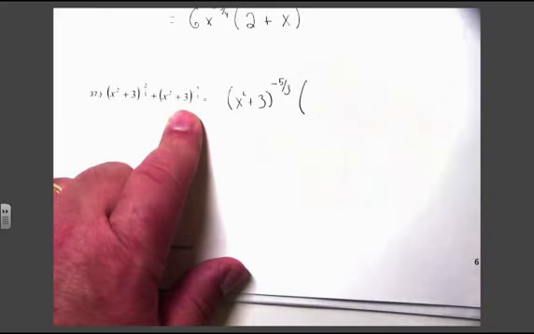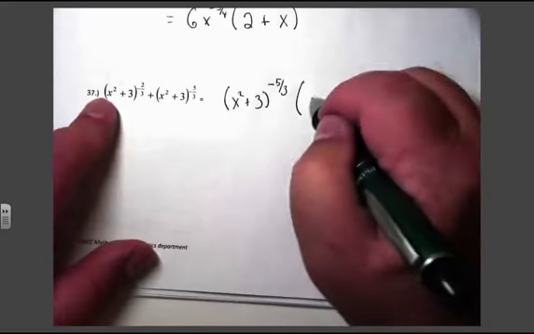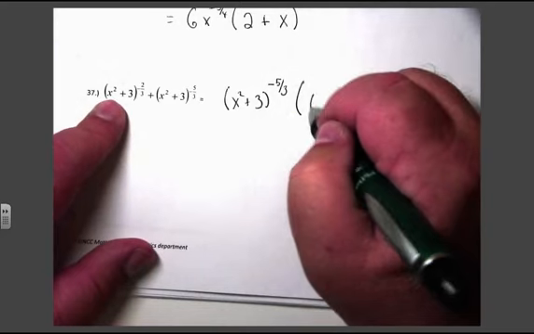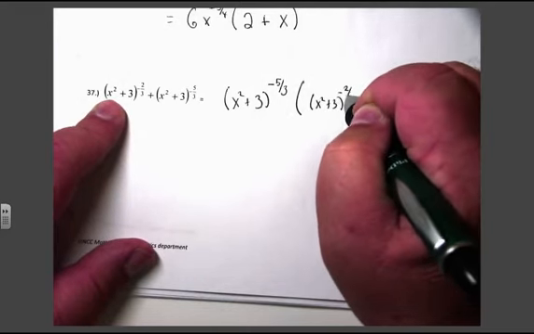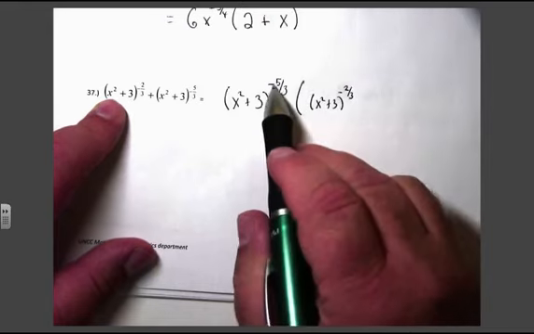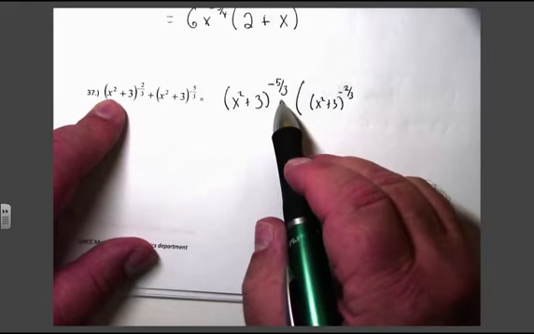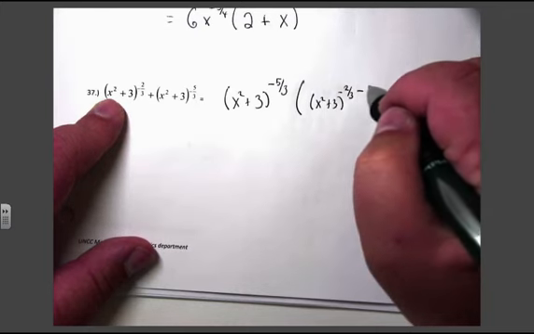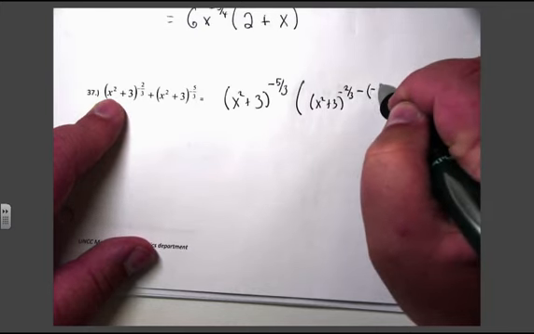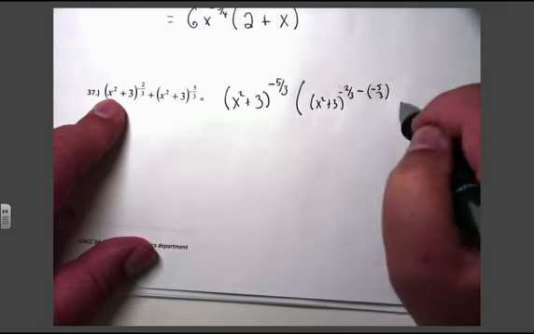And when I do that, that leaves me with this guy. It is x squared plus 3 to the negative 2/3. But when you factor out the negative 5/3, what do I get to do? Factoring out means I'm dividing it out, so that would be subtracting exponents. Minus the negative 5/3.